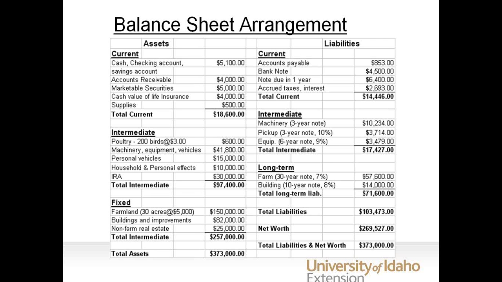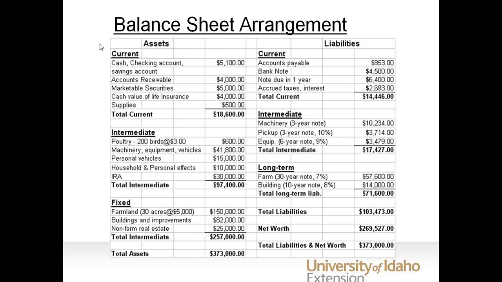Or another way of saying it is that the total assets of the farm are divided amongst the liabilities. In other words, the people who own a share of your assets, and your net worth or owner equity is your share of the total assets that you own.